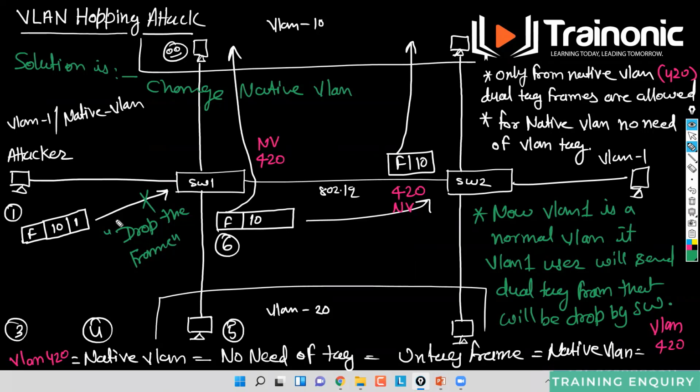Now this is a normal VLAN, so the dual tag frame will be dropped here.